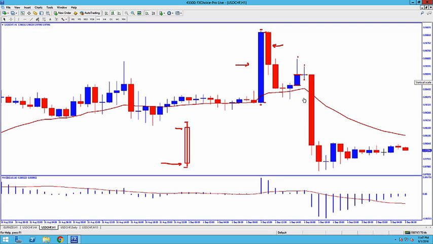Looks like the close was one tick above the open. Right here, you got the close and your open. Looks like the close is one tick below the open. As you can see, it's red. In this example, here's your low, here's your high, open, close. Very simple to understand.